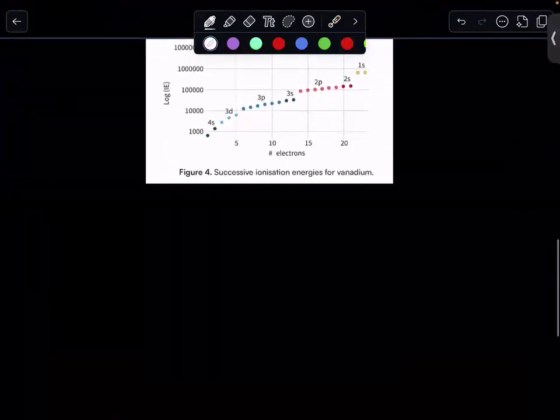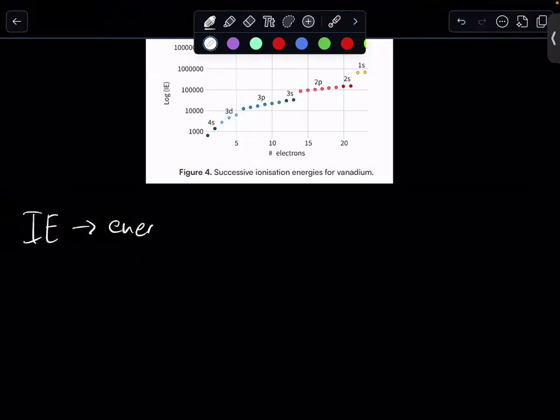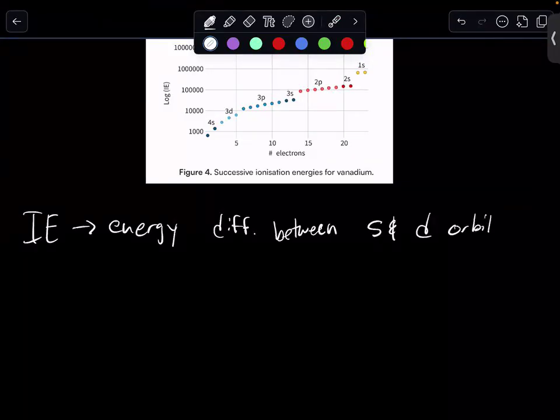So the main thing that we're going to take away from this is that for ionization energies of transition elements, the energy difference between s and d orbitals is so small that they readily lose valence electrons from both.